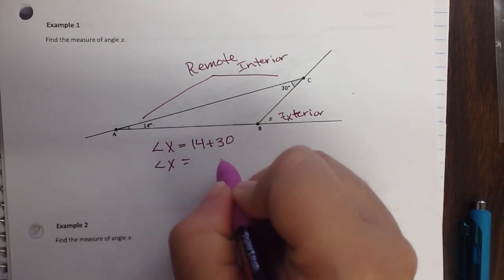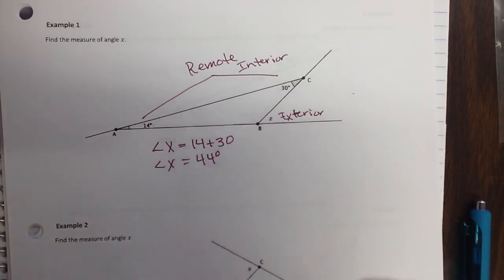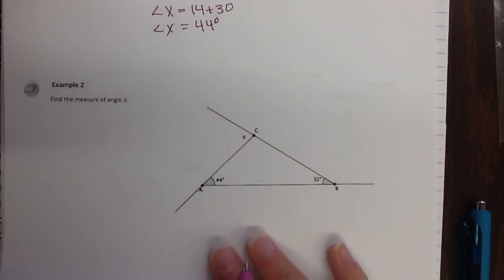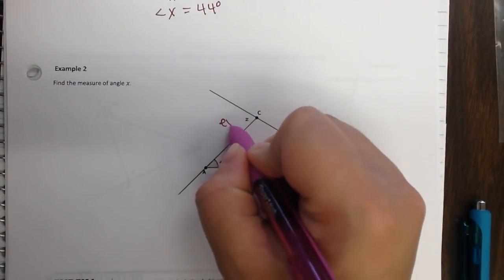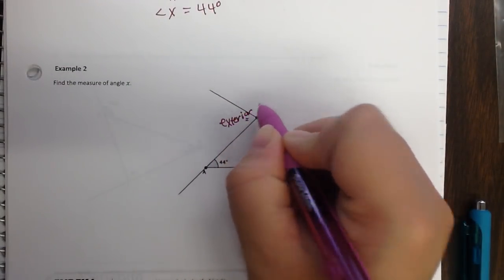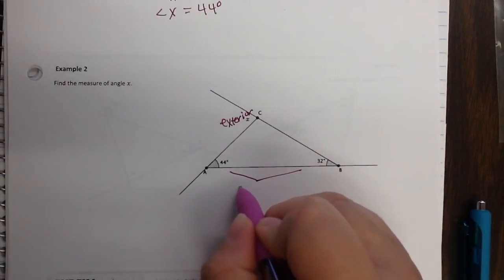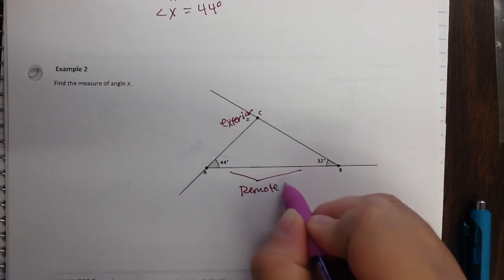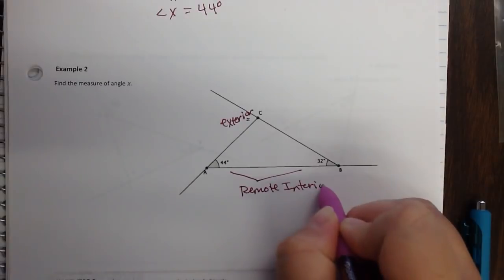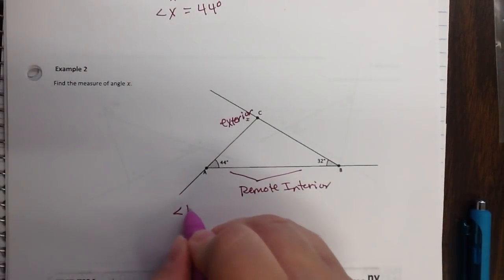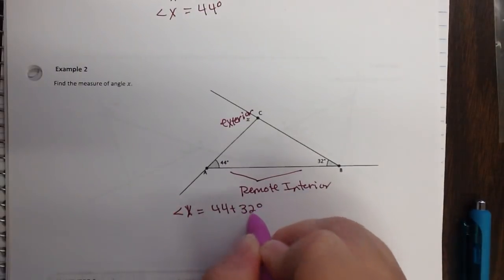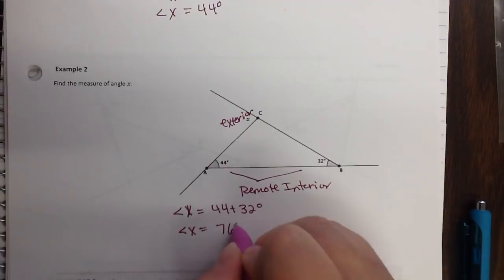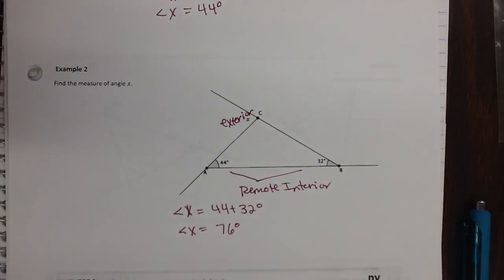So angle X equals 44 degrees. Okay, example 2. Same thing here. This is exterior. These are remote interior. So angle X equals 44 plus 32 degrees. So angle X equals 76 degrees.